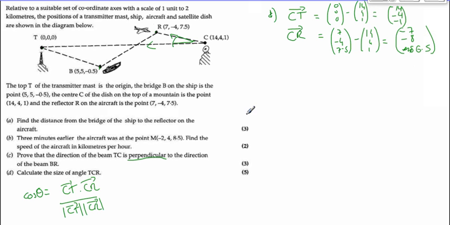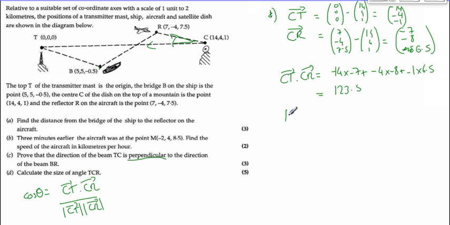Okay, so now we're needing the dot product. So the dot product is going to be minus 14 times minus 7, add minus 4 times minus 8, add minus 1 times 6.5, which works out to be 123.5.